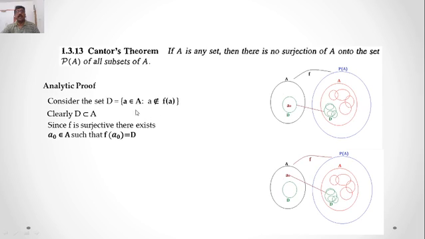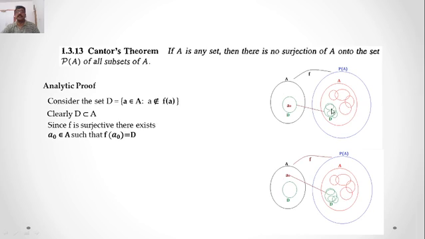D is all a in A such that a is not in f of a. Whenever a is not in f of a, that element we will take in D. So this way we form a subset D of A. Clearly D is a subset of A.